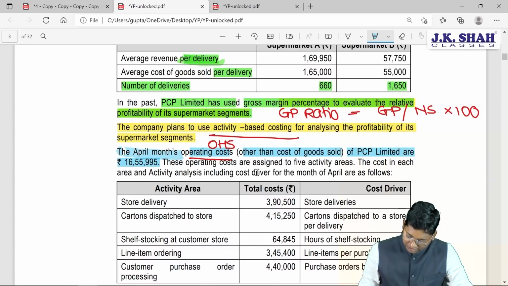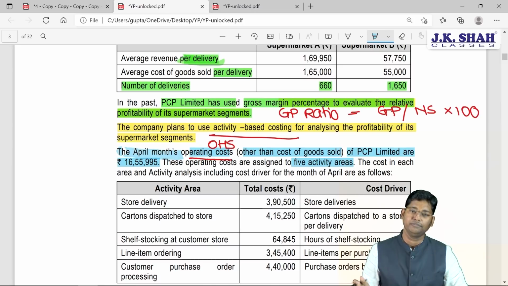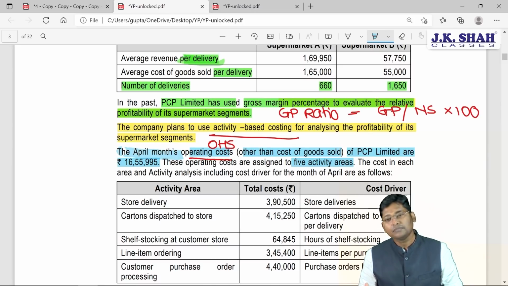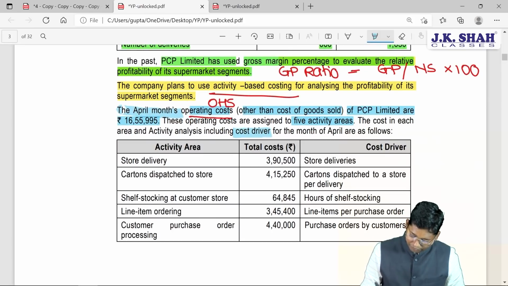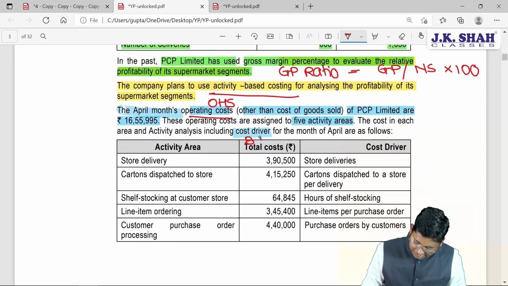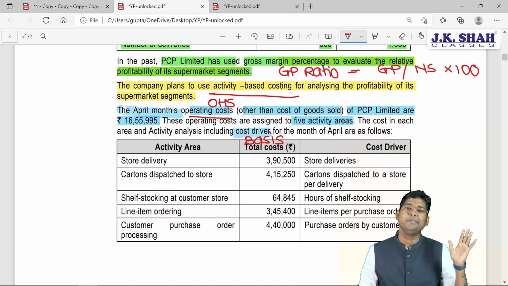These operating costs are assigned to 5 activity areas, means this cost is bifurcated into 5 different activities. The cost in each area and the activity analysis including cost driver. Sir, what is the meaning of cost driver? Cost driver is nothing but the basis which we are going to use for the purpose of apportionment of cost.